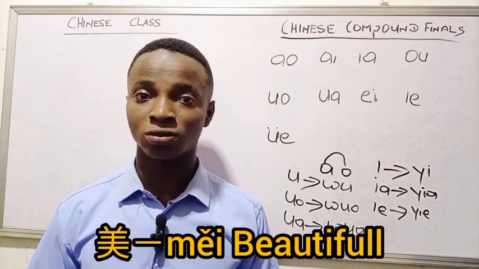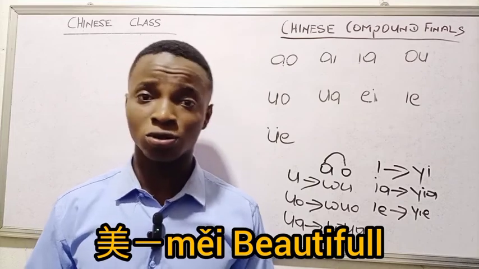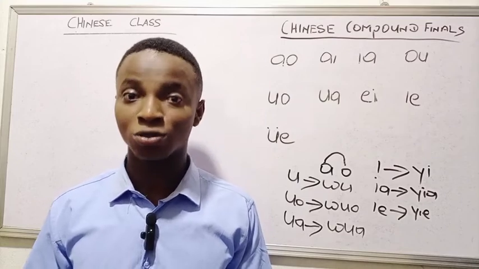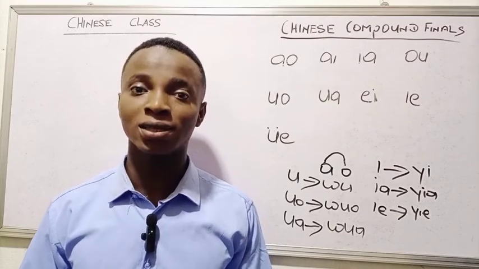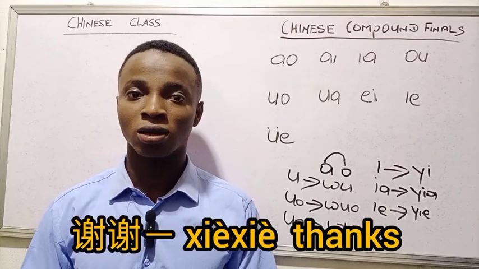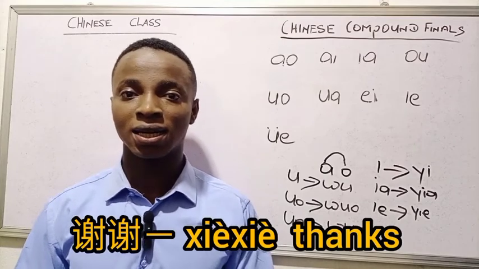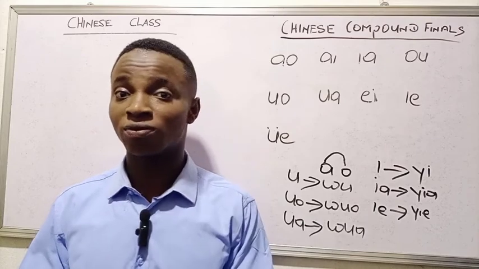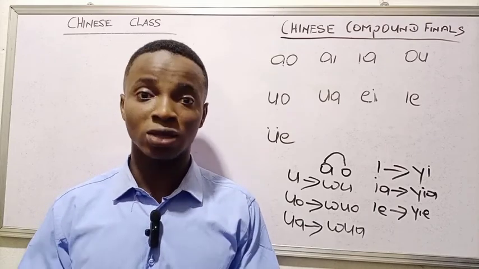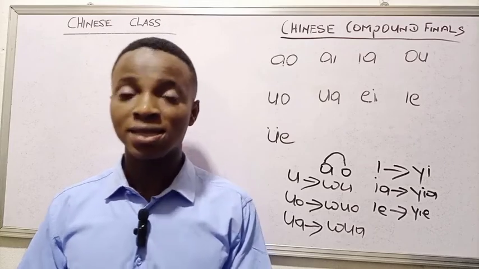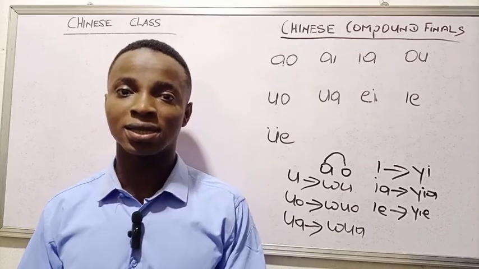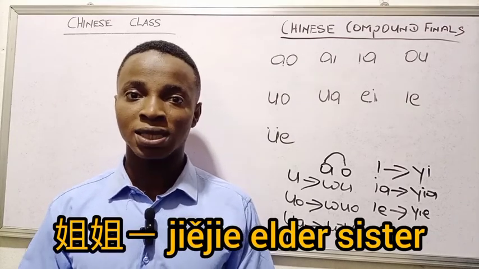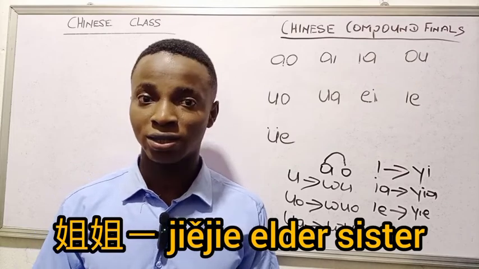So, for example, when someone asks you, how was today? You can say beautiful. We do say 今天怎么样? So you can reply 美. 谢谢, to thank somebody. Maybe when someone does something very good to you and you want to show appreciation, we say 谢谢, thank you. Another one, 姐姐, your elder sister.